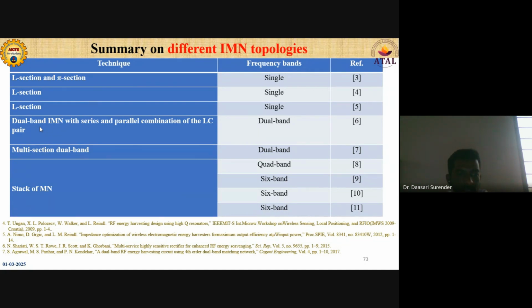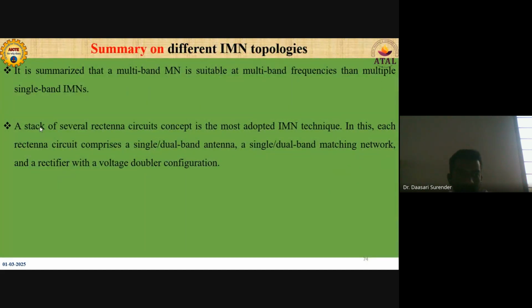And a stack of impedance matching networks is used in the case of quad-band and 6-band antenna configurations. So we can summarize that a multi-band matching network is more suitable at multi-band frequencies than multiple single-band impedance matching networks.